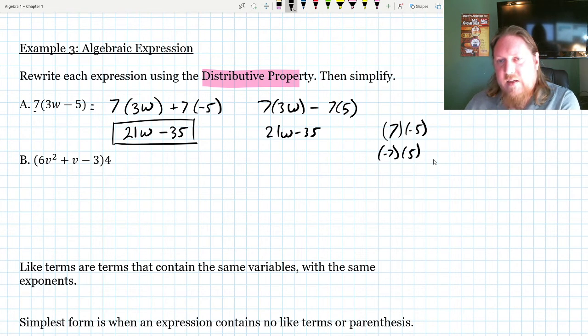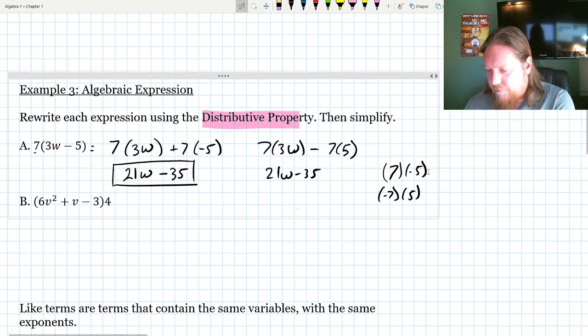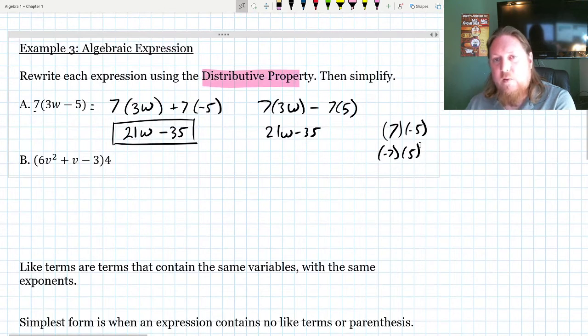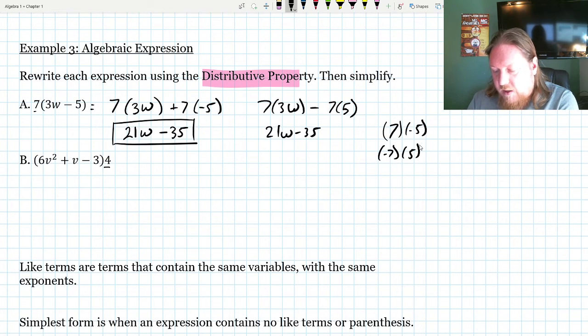And I didn't do it on the last example, or the very first example where I had the 2 on the right here. But when you're doing distributive property, if the number you're multiplying the quantity by is on the right side of the quantity, you can keep it on the right side.